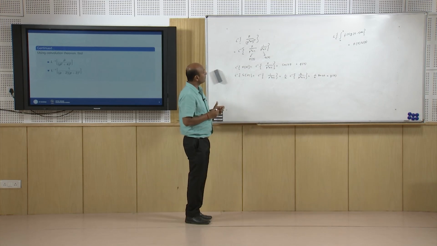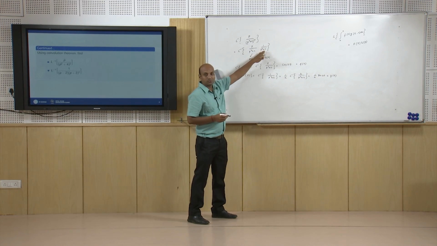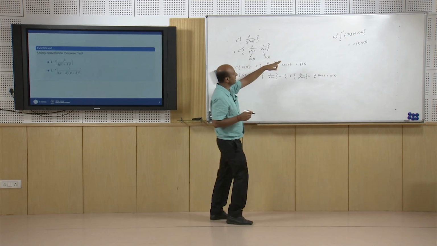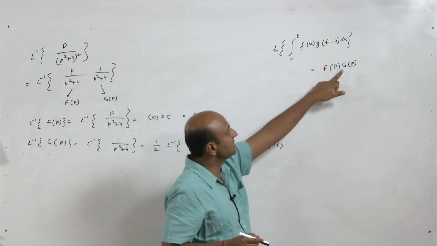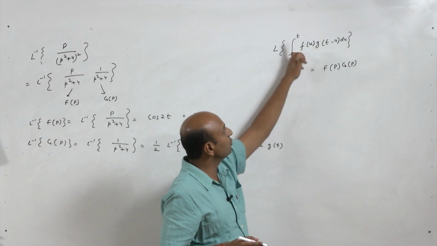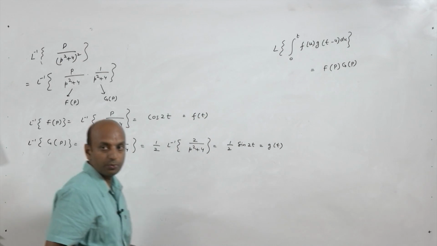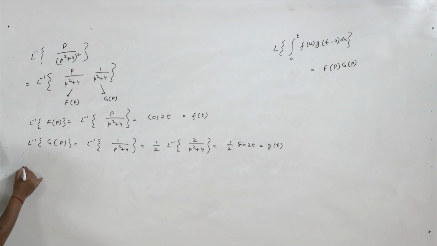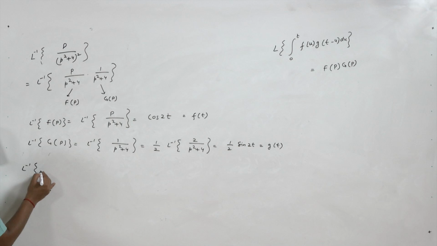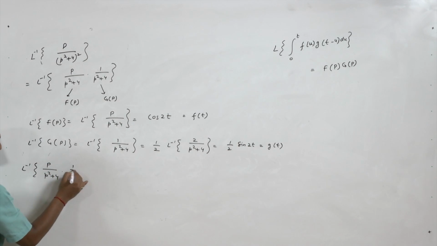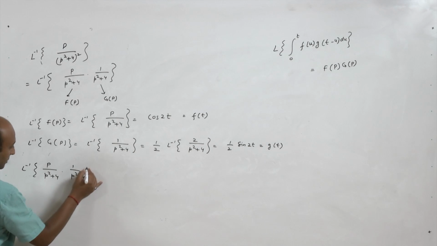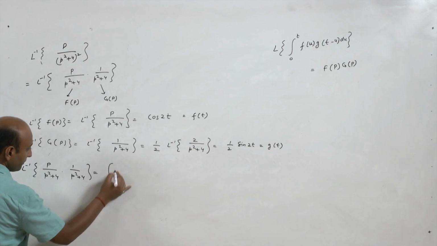Now, again to find the Laplace inverse of the product of these two, we use the convolution theorem. The Laplace inverse of this product is nothing but integral 0 to t f(u) g(t minus u) du. So, the Laplace inverse of p upon (p square plus 4) into 1 upon (p square plus 4) is integral 0 to t.